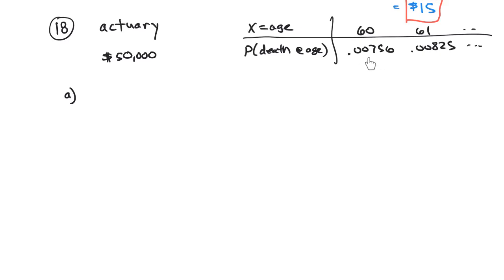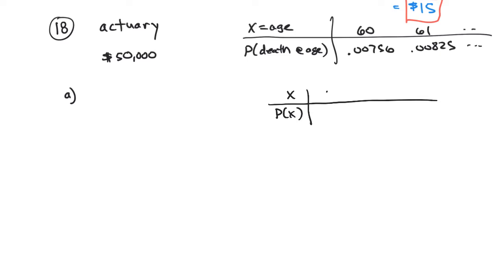Then it says, using this probability and the $50,000 death benefit, what is the expected cost to Big Rock Insurance? So I'm going to show you a long way to do this just to make it relate to the problem we just did. Okay, so I'm going to write this down like this. I think it'll make it a little more clear what they're asking here.